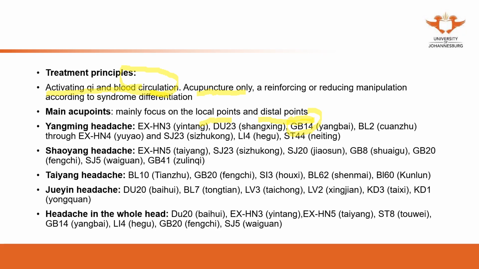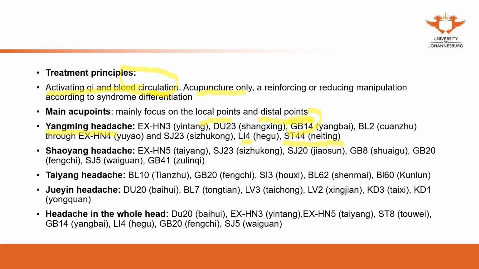Large intestine 4, stomach 44. Most of them are local points, and you can use large intestine 4 to activate the circulation. Stomach 44 is on the foot Yangming meridian of stomach, and can reduce the heat in the Yangming meridian.